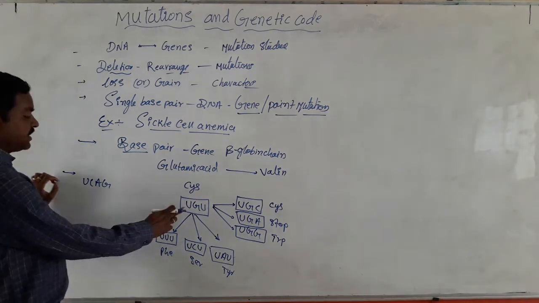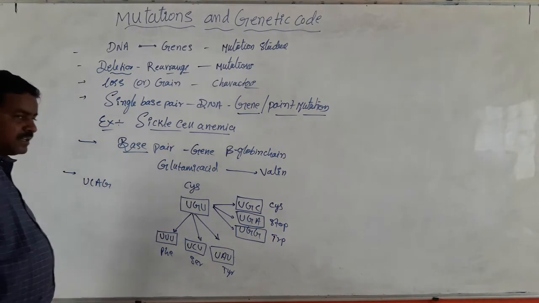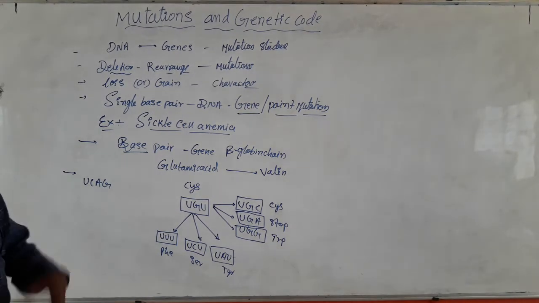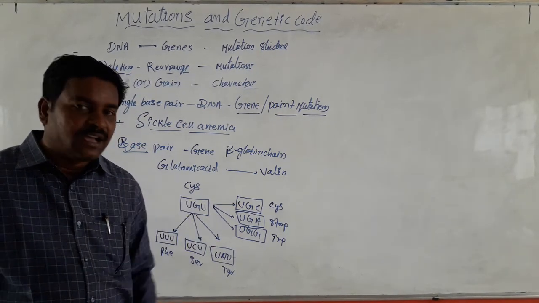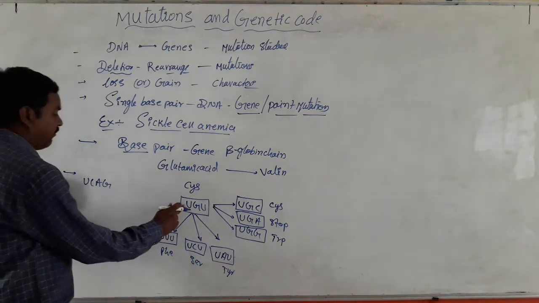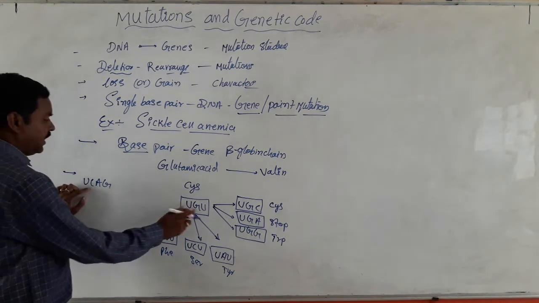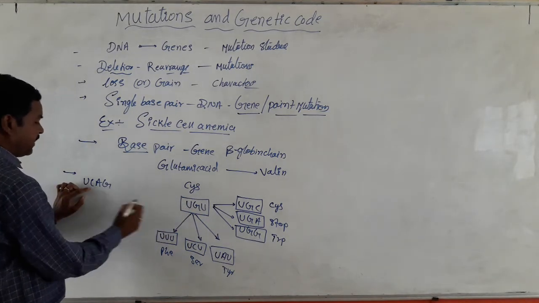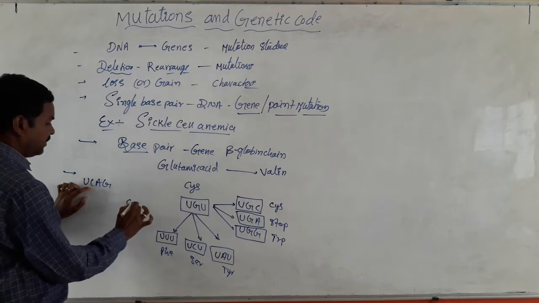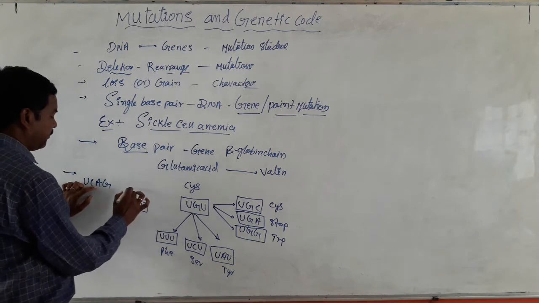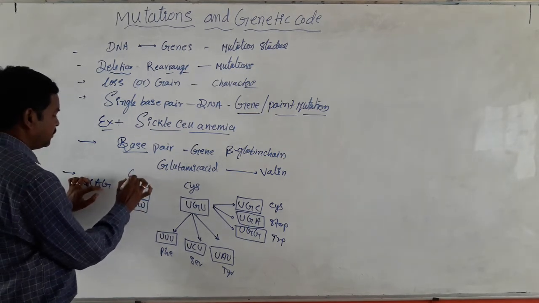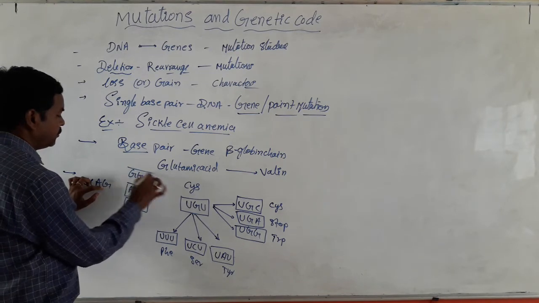For example, this first letter U may be replaced by some other letters, resulting in the formation of another 3 codons, which recognize 3 different amino acids. For example, this U is replaced to give CGU, AGU and GGU.